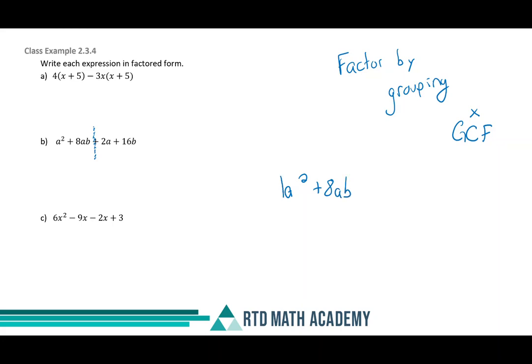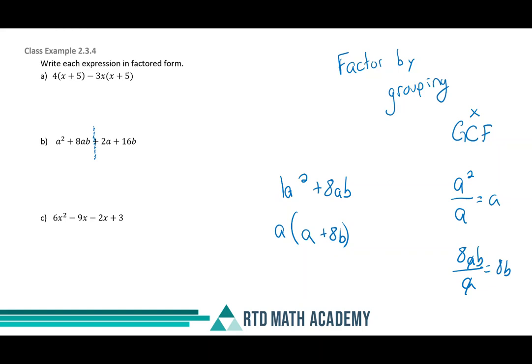I know we already said that this has got a 1 there, so it's not overly useful, but this has 2 a's and this has 1 a, so I could actually factor out 1a. Now, factoring means division, so I'm going to take my first term and divide out my greatest common factor. I'm going to get my second term, and I'm going to divide out my greatest common factor. And so I get a multiplied by a plus 8b.